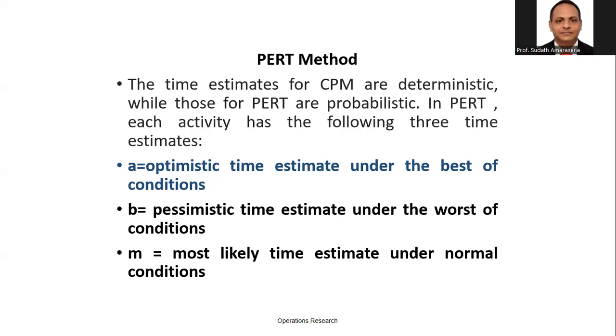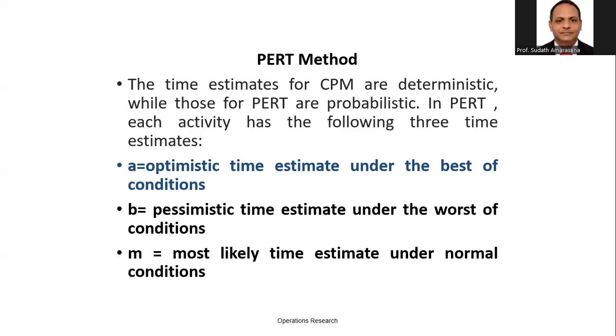Likewise, here we are going to calculate each activity duration considering three time estimates. Then, considering these three time estimates, we can calculate the expected time for each activity, right?